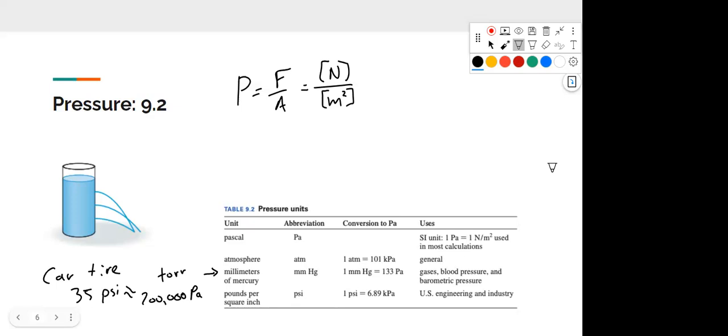So atmospheric pressure is roughly 15 PSI. So every square inch of your body has a 15-pound weight of air pushing against it. Kind of crazy.